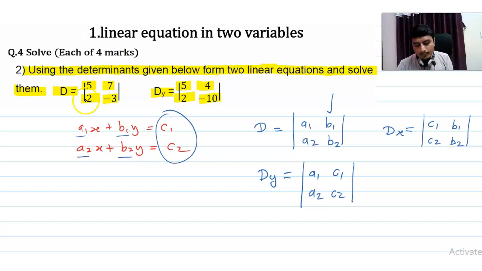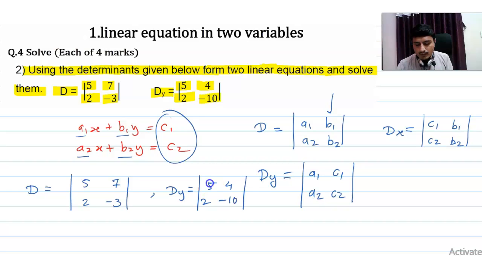Now once we compare the given values a1 b1 a2 b2 c1 c2 with the given values of D and Dy, we have D of the form 5, 7, 2, minus 3 and Dy of the form 5, 4, 2 and minus 10.